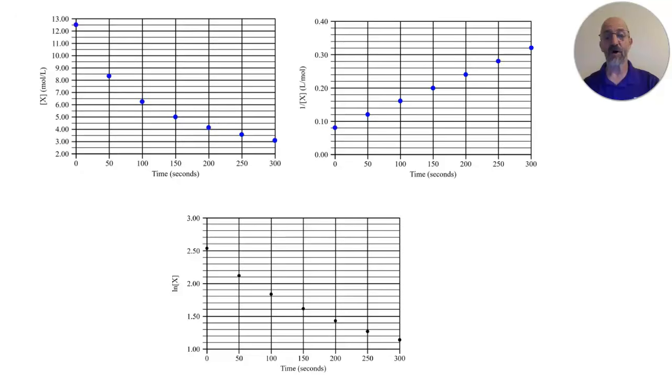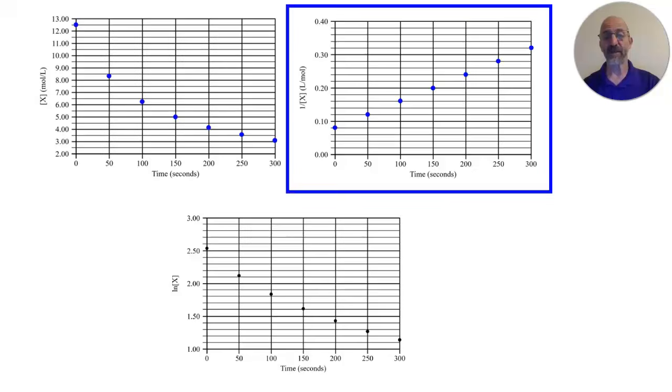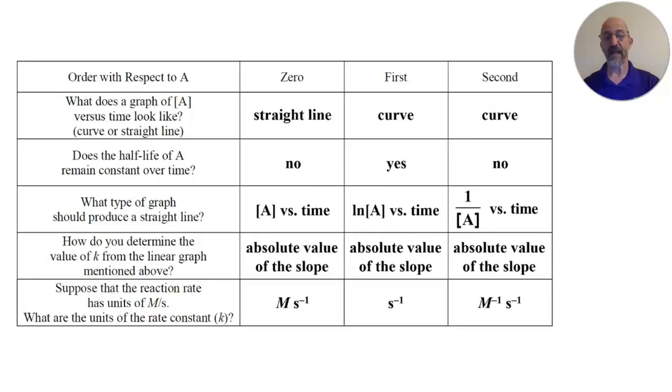So the natural log of concentration versus time has a little bit of a curvature to it. The concentration versus time graph that we did is also kind of curvy, but then we have a nice straight line for the reciprocal of concentration versus time. But what does this mean? Well, in my video for topic 5.3, I had presented this summary table. And so what you can see in this summary table is 0, first, and second.